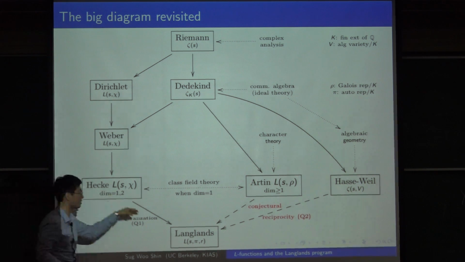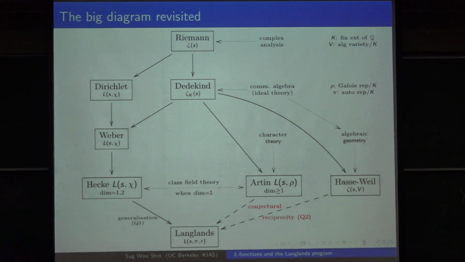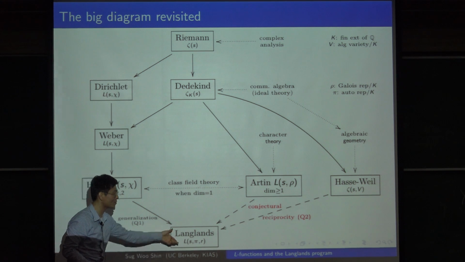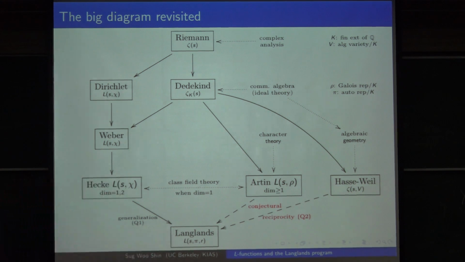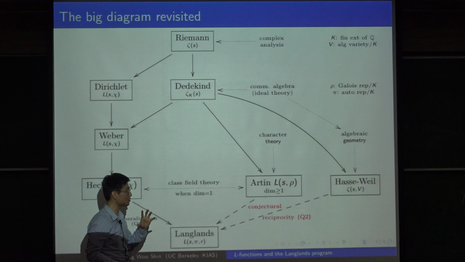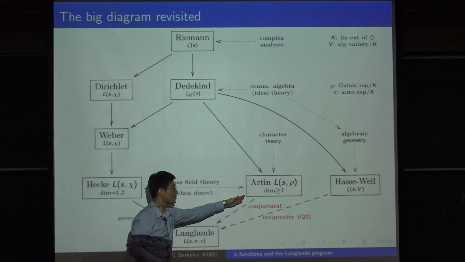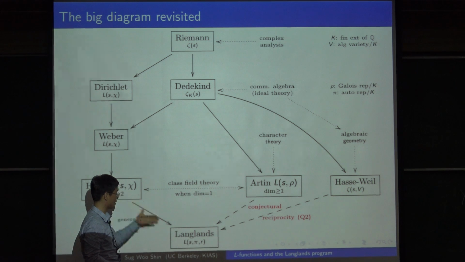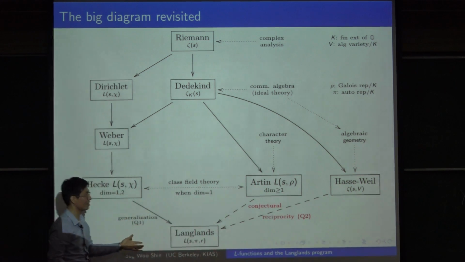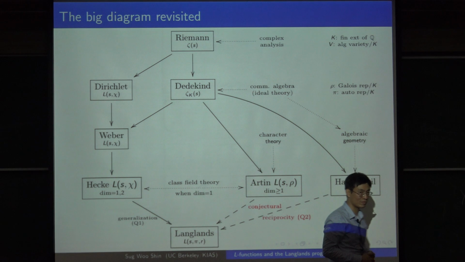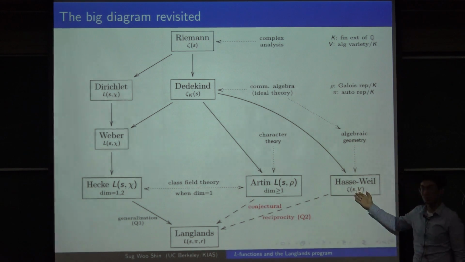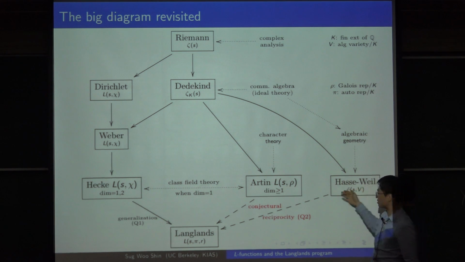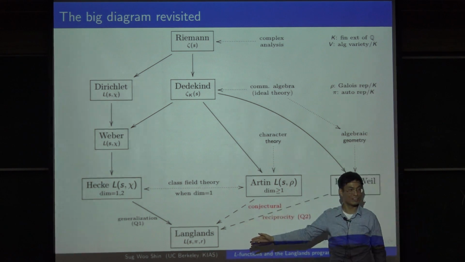First, generalize Hecke's L-function. So a huge generalization, a very general definition of L-functions. And now his reciprocity tells you this. Artin L-functions really fall into Langlands L-functions, which are generalized from Hecke's L-functions. And then Hasse-Weil's L-functions, which count the number of solutions to algebraic equations in finite fields, still give you the same L-functions.